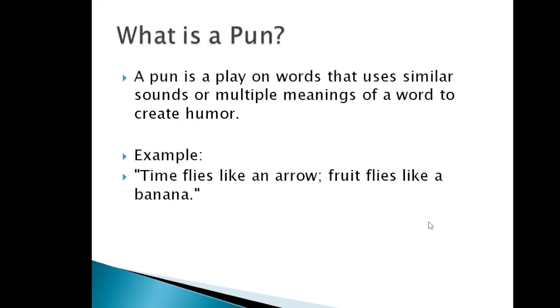When we say fruit flies, we refer to insects and their preferences for banana, right? So insects are considered fruit flies. So fruit flies like a banana, right? So that is an example of poem.